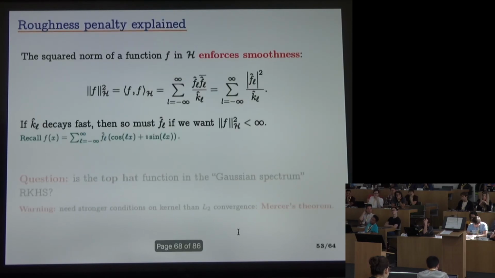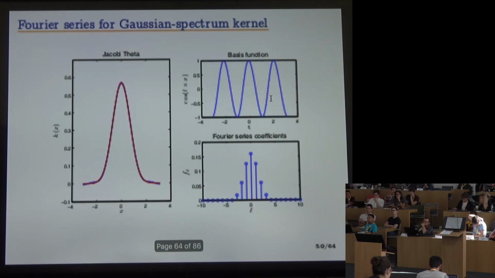What does that mean? Let's look at the norm of f in this space with this dot product. It's the dot product of f with itself, so the modulus of f hat l squared, divided by k hat l. Remember the Fourier coefficients k hat; let's look at them now.